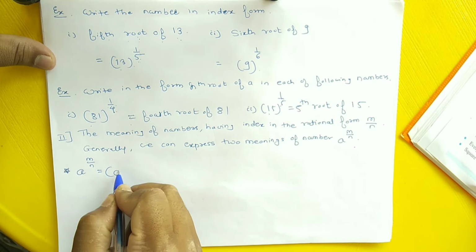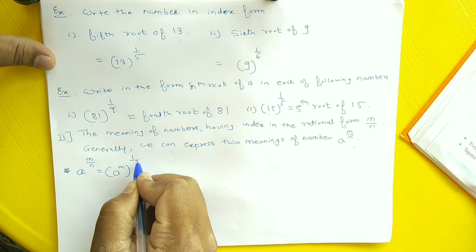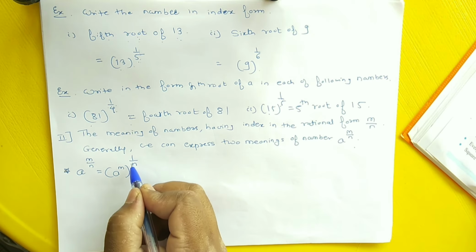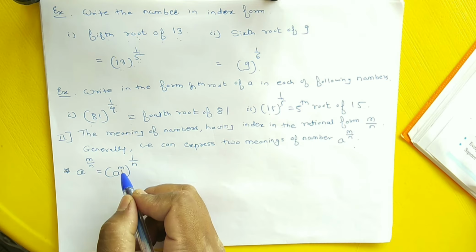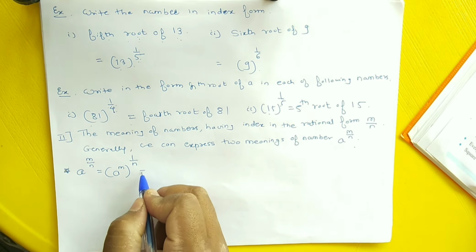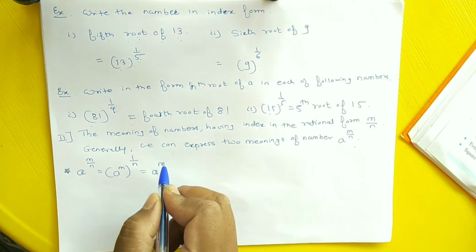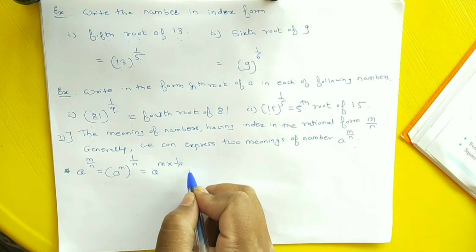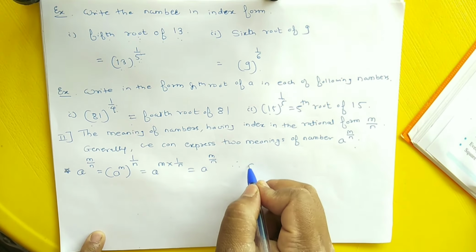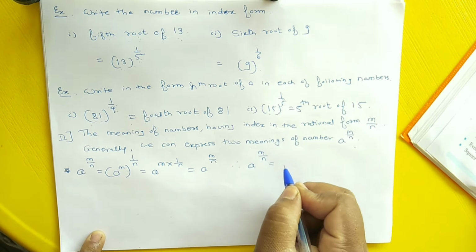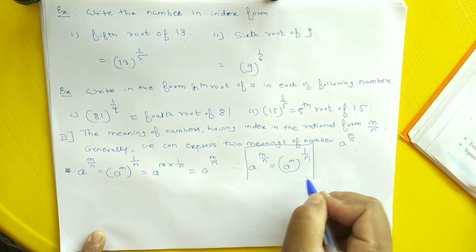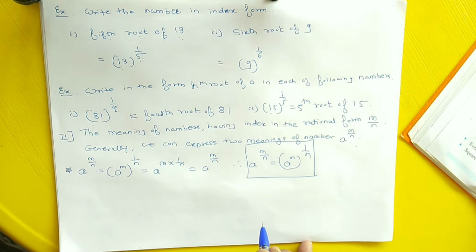Can we write a to the power m into 1 by n? We already studied that powers can be multiplied, that is a law of indices. So we can write m into 1 upon n, which gives a to the power m into 1 upon n, and it becomes a to the power m upon n. Means we can write a to the power m by n as a to the power m into 1 by n. So this is the first form.